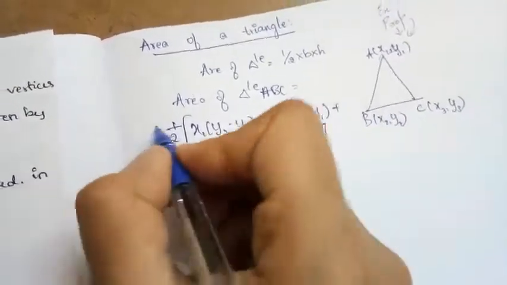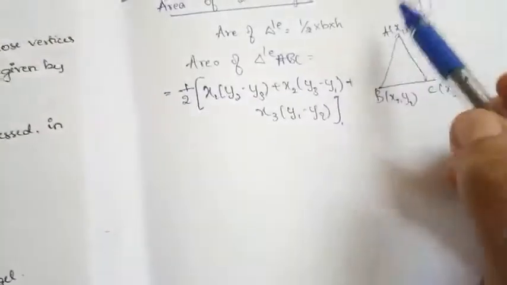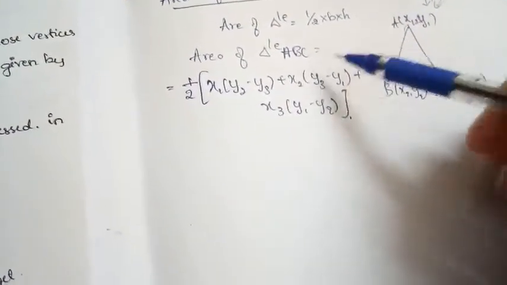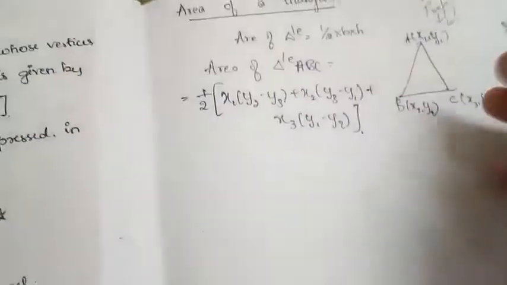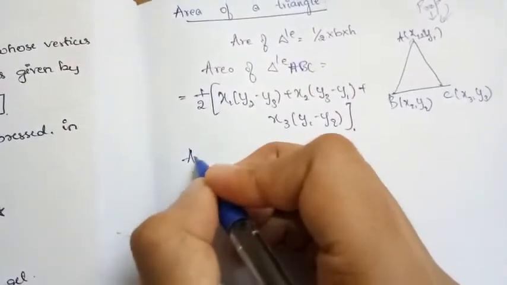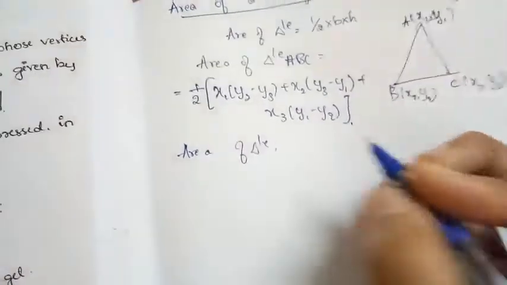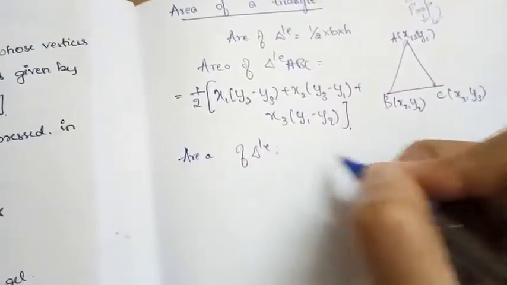This is the formula which you have already come across, and even glanced at in the previous year also. Now let us come to the area of a triangle in terms of a determinant.